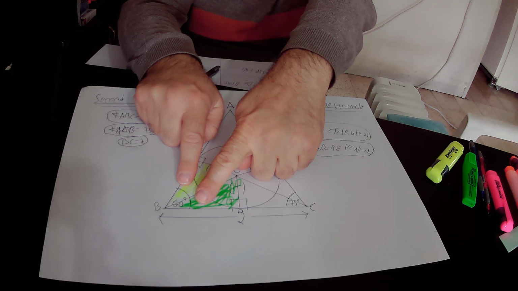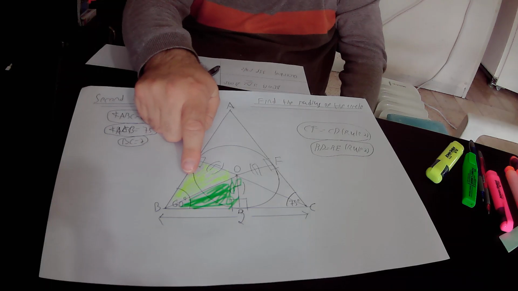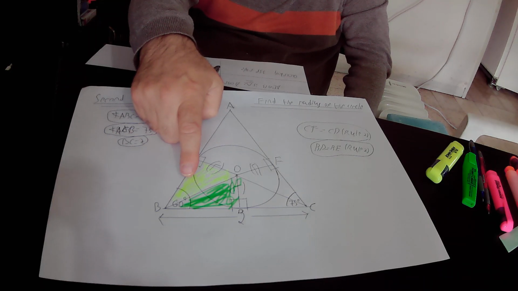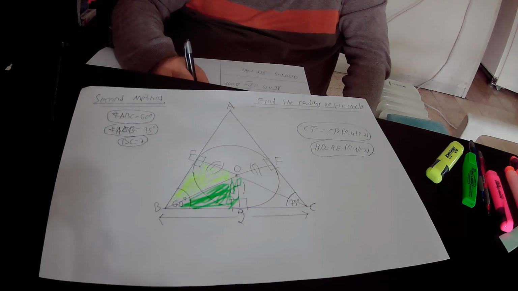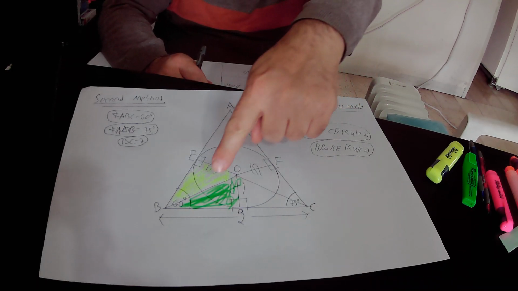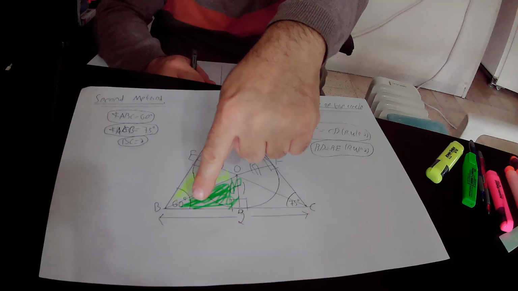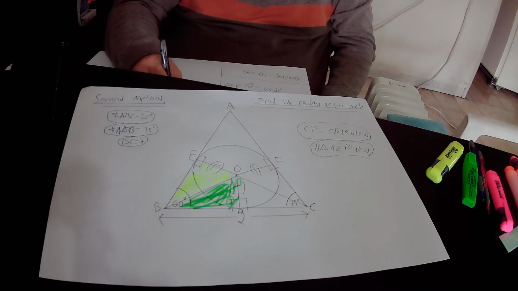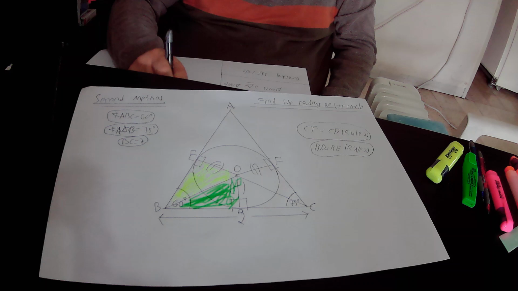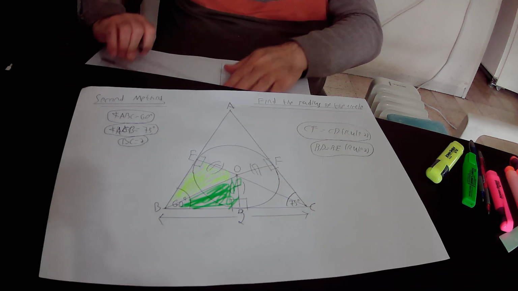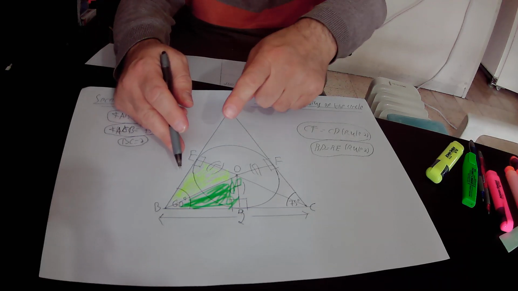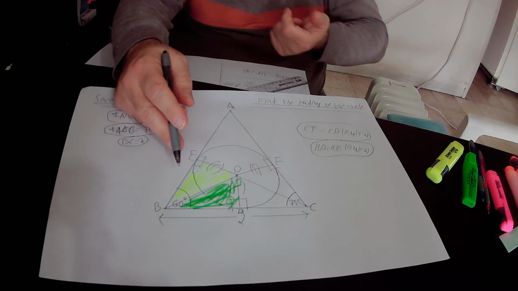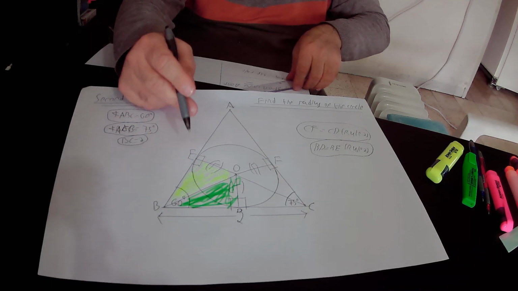So this is angle EBO in the yellow triangle, and it is equal to this angle OBD in the green triangle. If we define one of those two angles as theta, then the other angle must also equal theta.